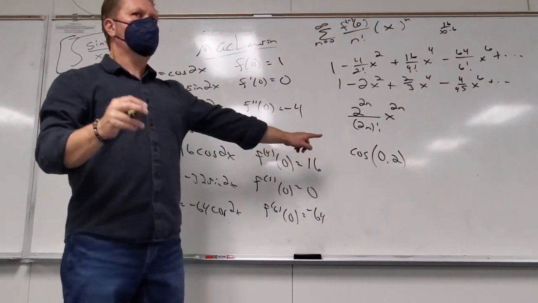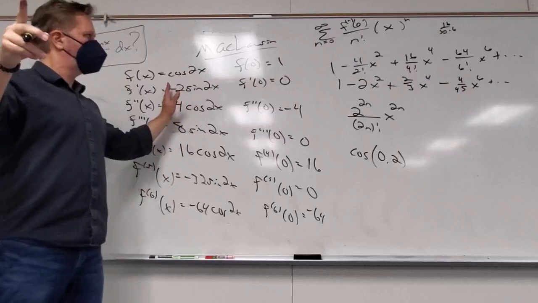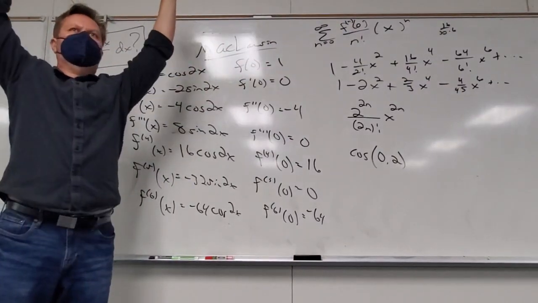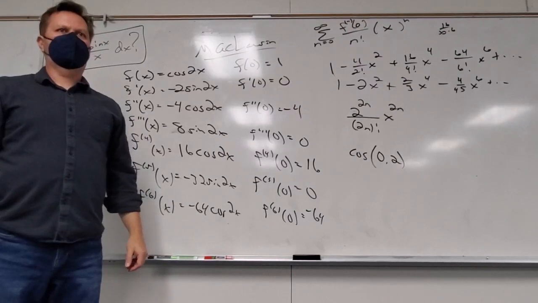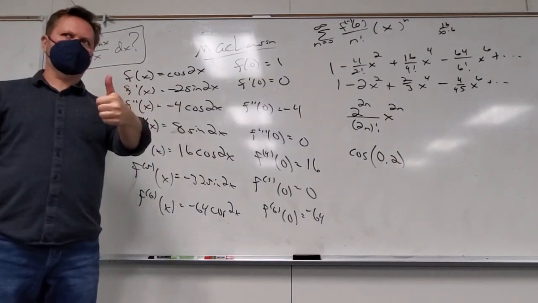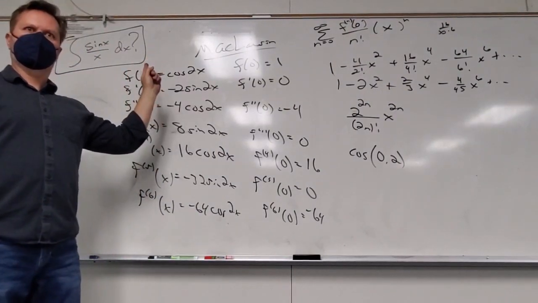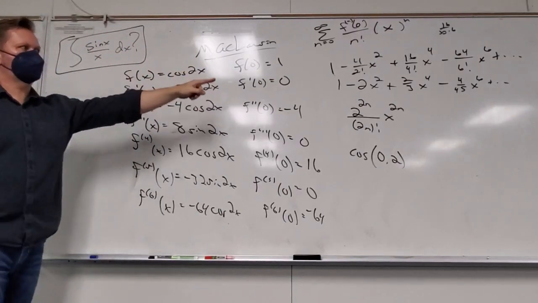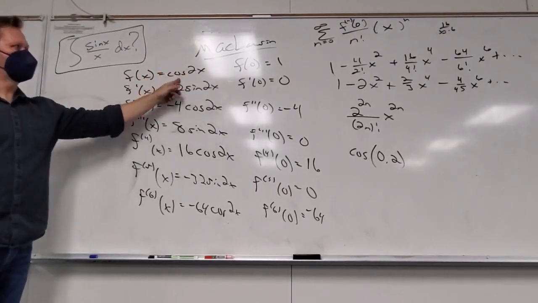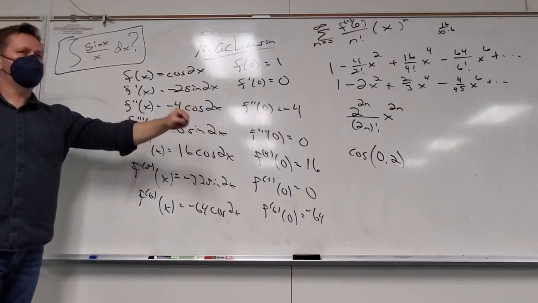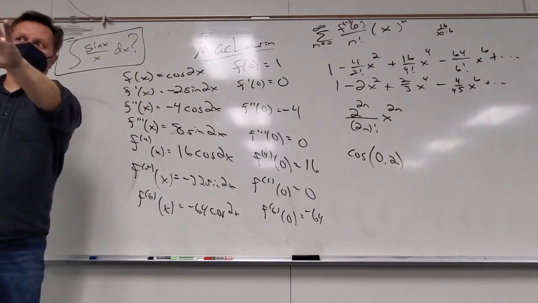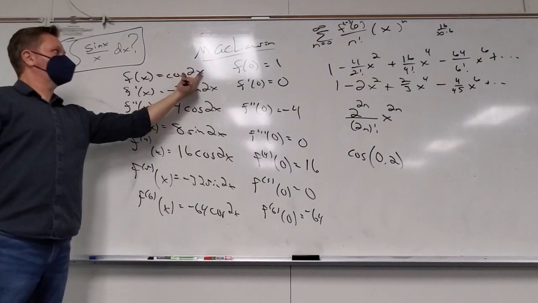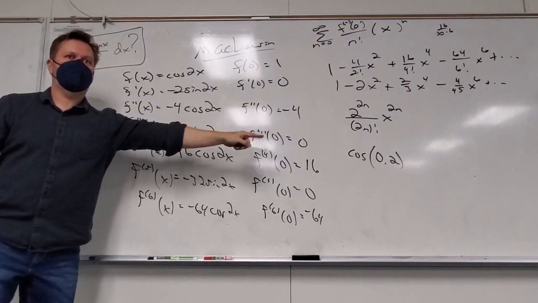If I want to estimate cosine of 0.2 using what we just did, can somebody tell me what x is? What function did we just create a series for? Cosine of 2x. So if I want to estimate cosine of 0.2, what is x? 0.1, right? You have to make x 0.1 in order to get the question I want answered, yes?